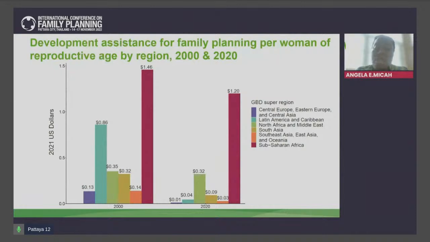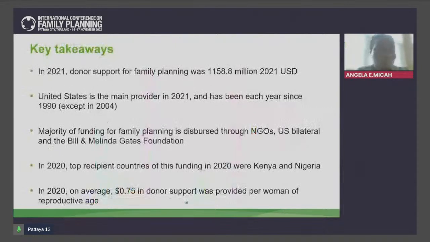And here we note that on average, per woman of reproductive age, more resources have been targeted towards women in sub-Saharan Africa, with about 1.2 US dollars being contributed per woman on average in sub-Saharan Africa.